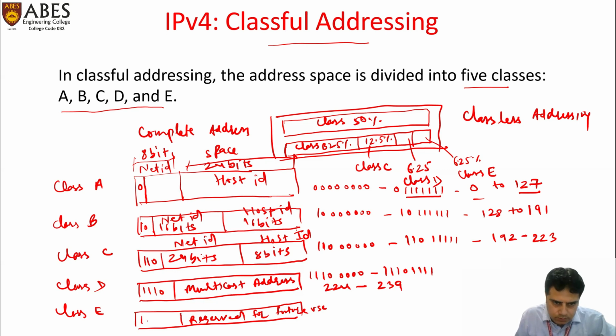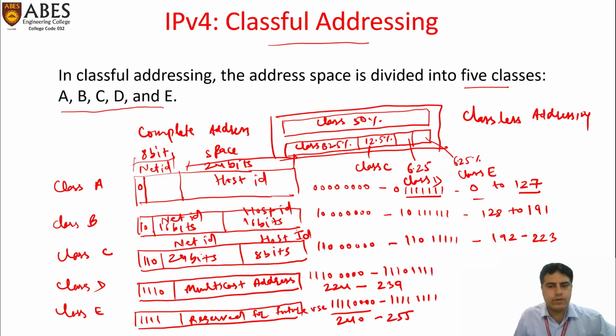So in this, the first 4 bits are fixed, and all are ones. So the range starts from 4 ones, 4 zeros, and maximum 4 ones, and the remaining 4 are ones. So it starts from 240 to maximum 255.